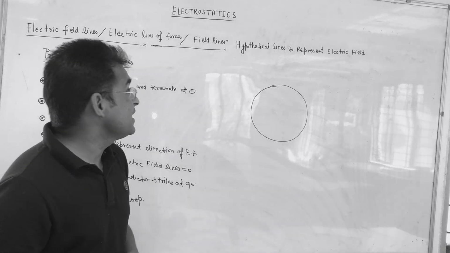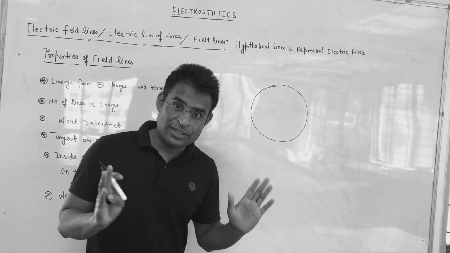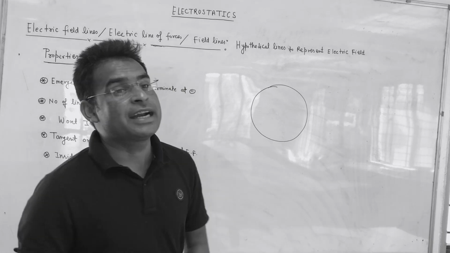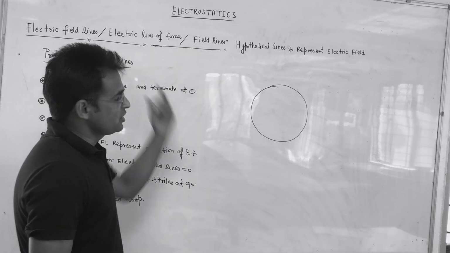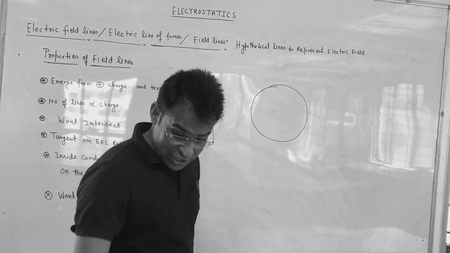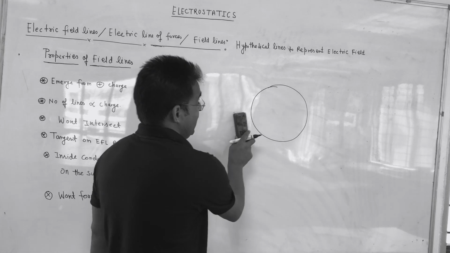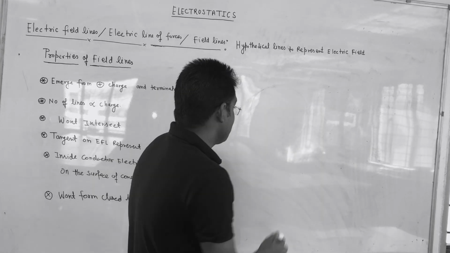Whatever line represents the intensity of that field, the strength of that field, is called an electric line of force, or simply field lines, or electric field lines. It means to represent an electric field, we need a number of lines. For example, just look at this region.